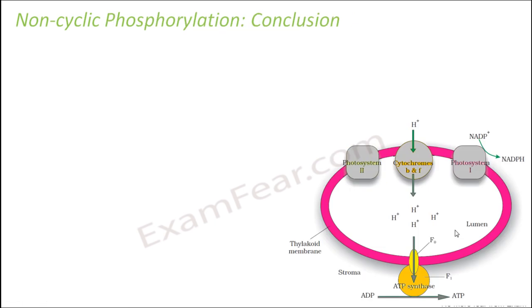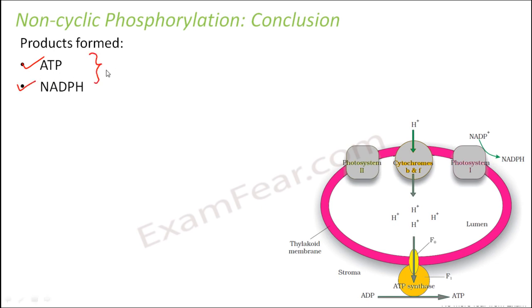So the final conclusion of non-cyclic photophosphorylation is, what do we get as the result? First is ATP. ATP is nothing but the energy currency, and it will be utilized for sugar synthesis in the stroma. We get NADPH.